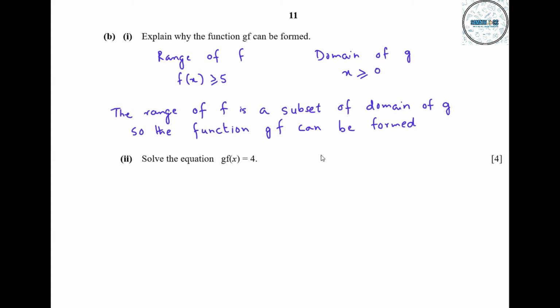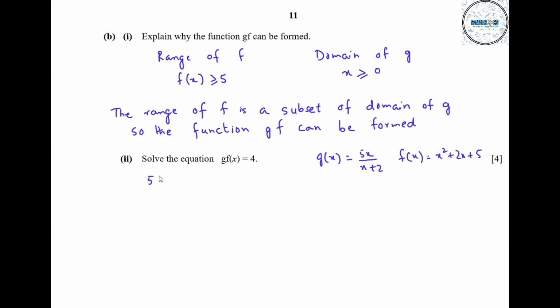We have g of x equal to 5x upon x plus 2 and f of x equal to x square plus 2x plus 5. We have to substitute f into g and we have to equate it to 4.